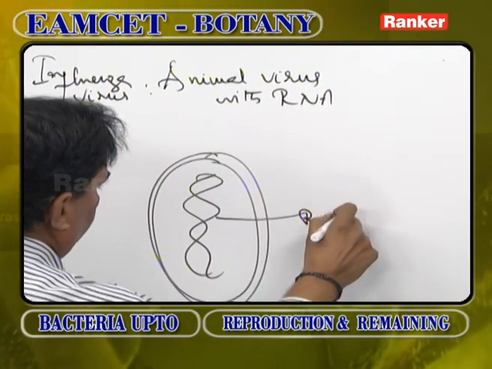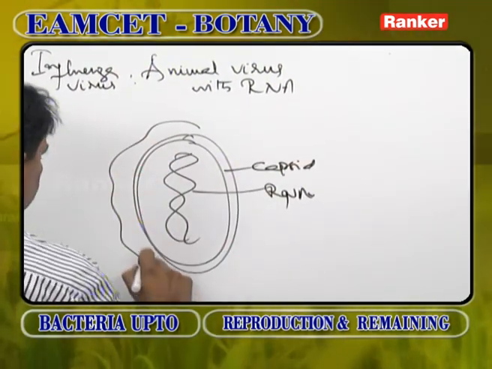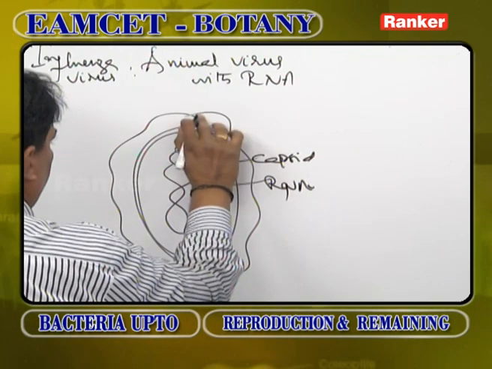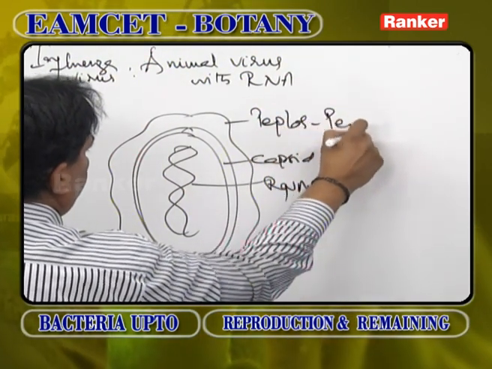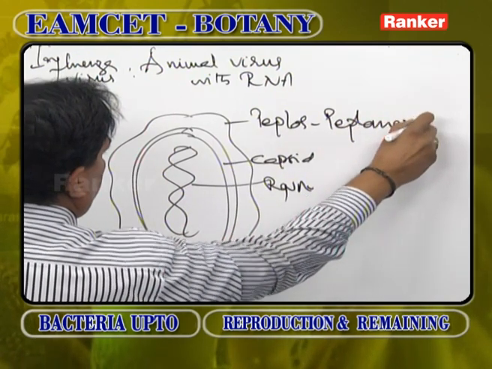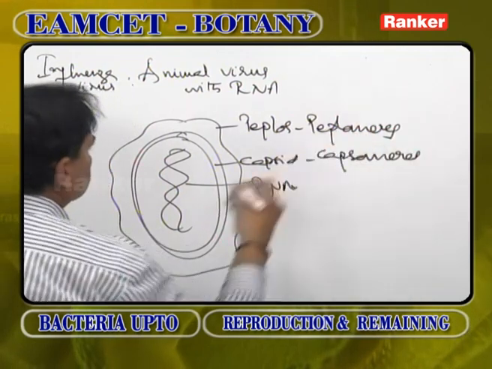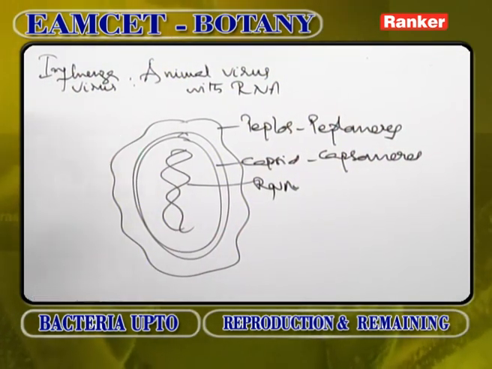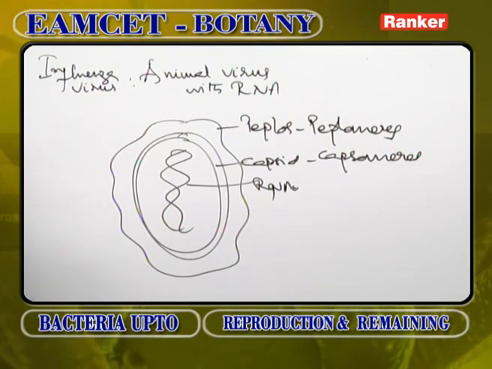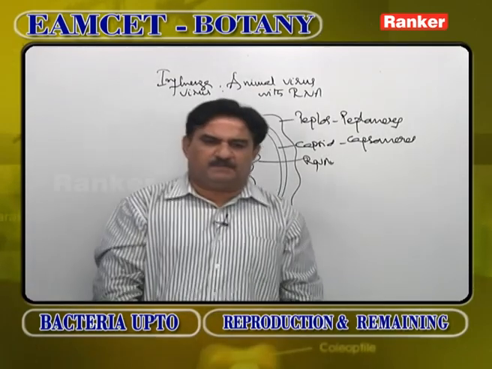Another special layer is present around the protein coat called peplos. Peplos is made up of bits called peplomeres. Capsid is made up of bits called capsomeres. So this RNA is surrounded by capsid made up of capsomeres and peplos made up of peplomeres. So influenza virus has capsid and peplos.